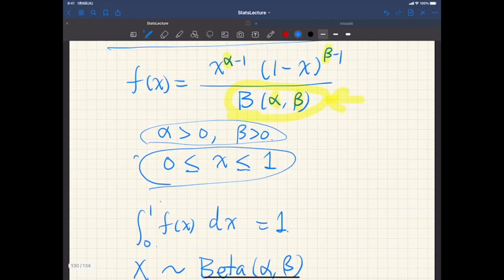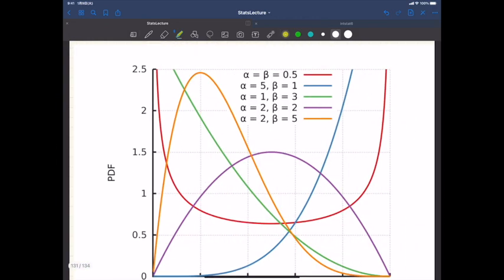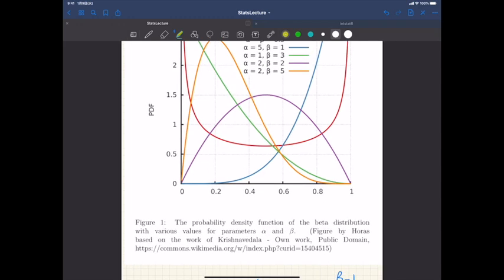Depending on the values of alpha and beta, this density function looks very different. Here are examples. This figure was taken from Wikipedia, so you can look at this figure here.